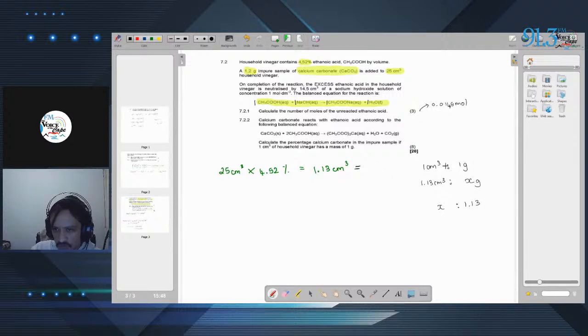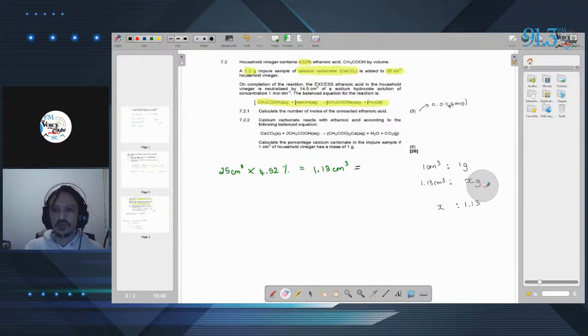Let's just see if this is correct. Hold on. I don't think I did the correct thing here. Just double checking. That's right. We cross multiply. I think I made a little bit of an error here.